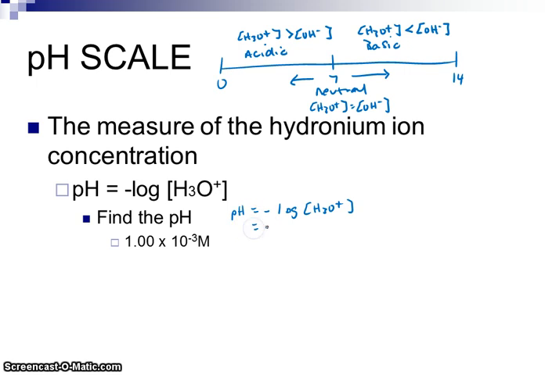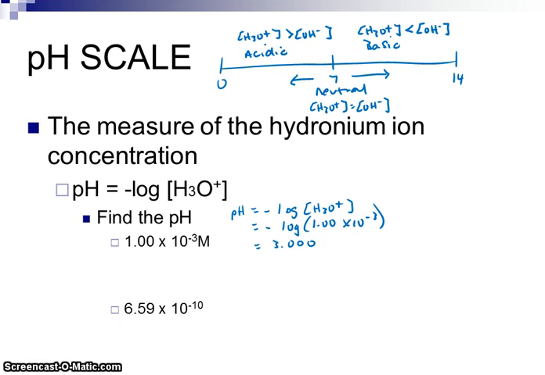So it will equal the negative log of 1.00 times 10 to the minus 3. And if we plug that in the calculator, we get our pH to equal 3.000. The number of digits in the number here tell us the number of decimal places we're going to need.